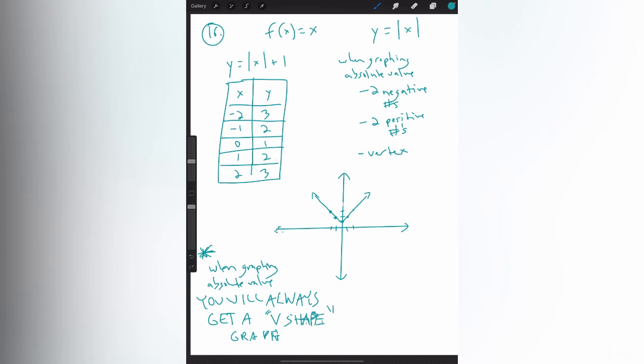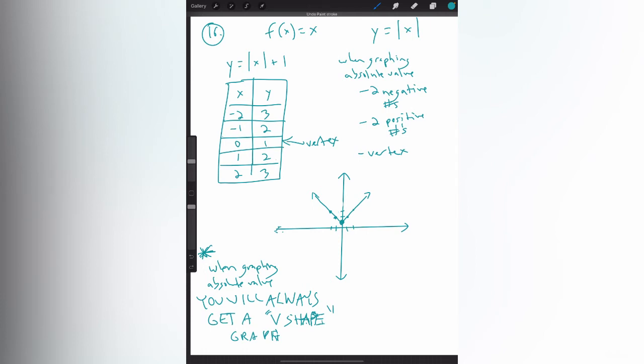So when I'm looking at this, I want to start to identify what different pieces are. This right here, where it changes directions, this point, which is 0, 1, is called my vertex because that's where it changes directions. Notice that in this case, it's going forever left in that direction and forever right in that direction.